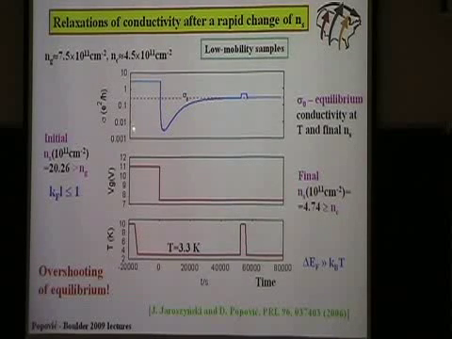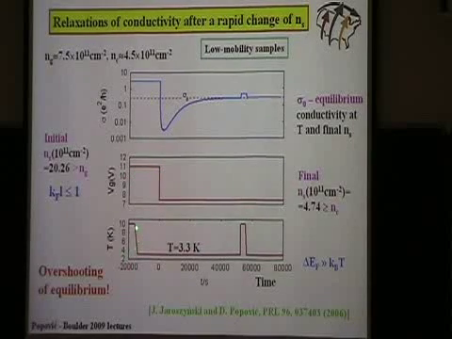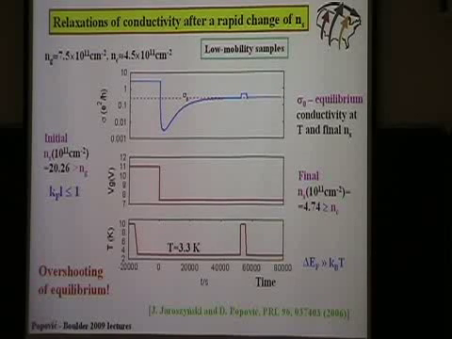At 10 Kelvin, you fix your gate voltage, your initial density, and then you cool down to the measurement temperature. After some time at the measurement temperature, you change the density quickly to another value. When I say quickly, it's about 1 second. It's how much time it takes us to switch it, basically, and the measurement resolution is 1 second.